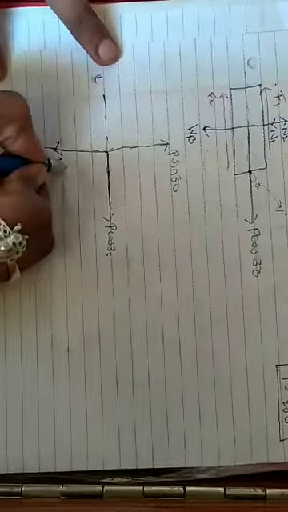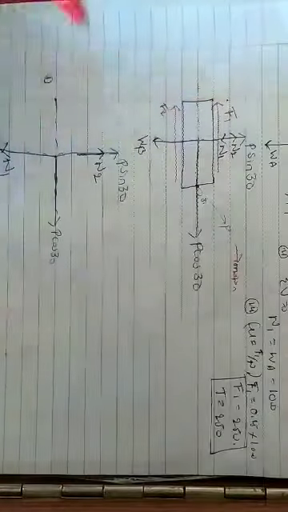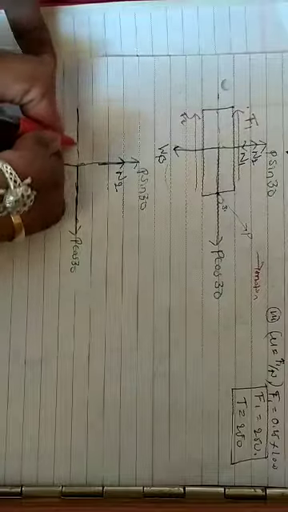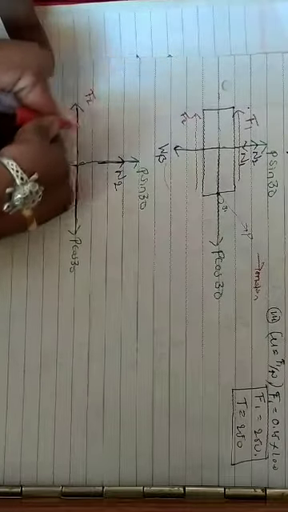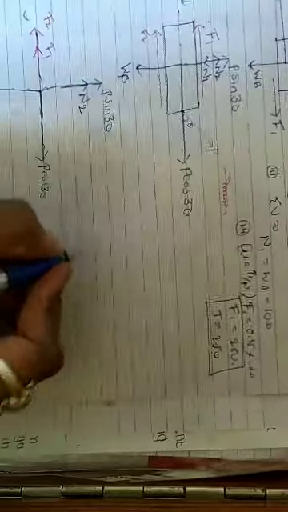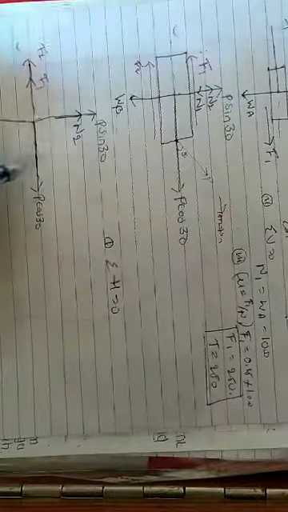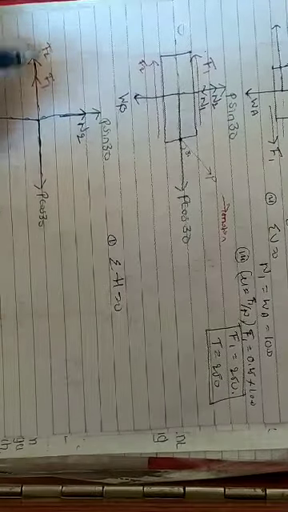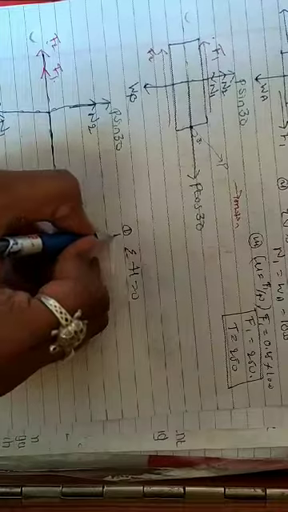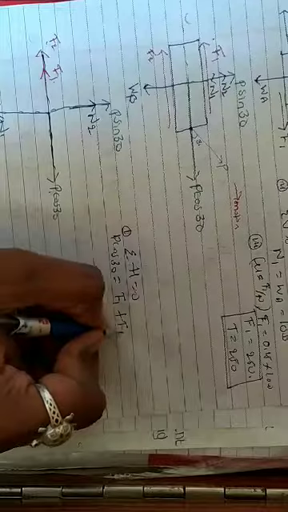N1 acts vertically downwards, N2 vertically upwards, and frictional forces F1 and F2 act along the negative x-axis. Now we'll write the conditions for body B. First, summation H equal to 0: F1 minus F2 plus P cos 30 is equal to 0. So P cos 30 is equal to F1 plus F2.